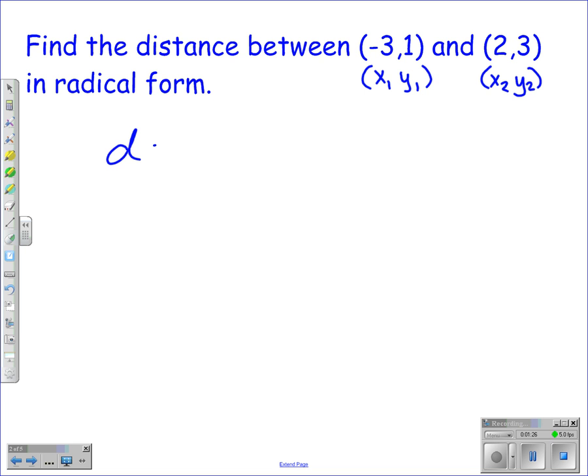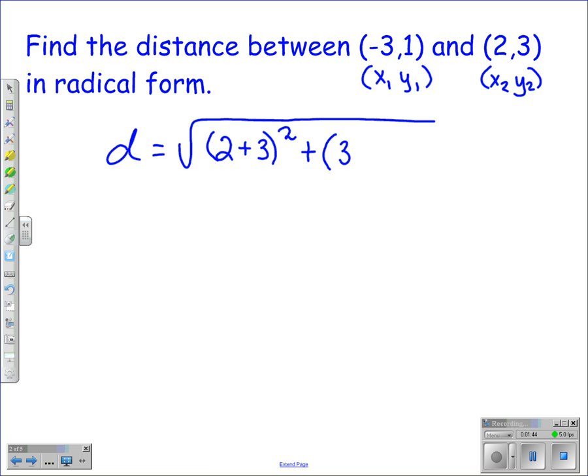So our distance is going to be equal to the square root of, let's do our x2 minus our x1. So that's going to be 2 minus a negative 3, which is really 2 plus 3, quantity squared, plus y2 minus y1. So we will have 3 minus 1, quantity squared. In the end, we'll add those together and take the square root.